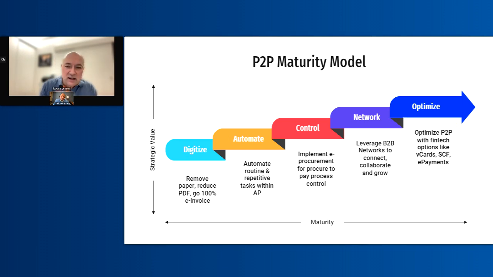And for us, the starting point is typically that digitization process. So you get off paper, that's the low-hanging fruit. You get your suppliers onboarded into a digital process, and that lets you automate routine and repetitive tasks through invoice automation. That's you setting yourself up with a controlled, efficient process that gives you visibility to bottlenecks, to fraud prevention, things like that. And then you go a little bit upstream, and you start to control your spend, and you implement e-procurement for a more broad, full procure to pay process.